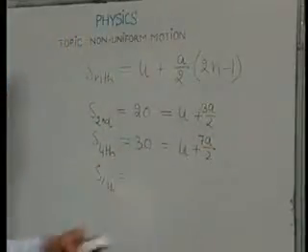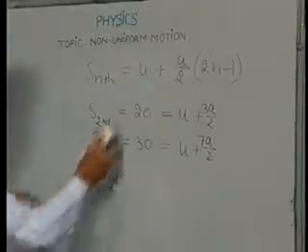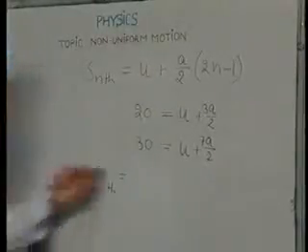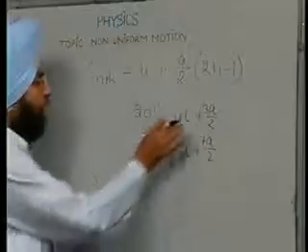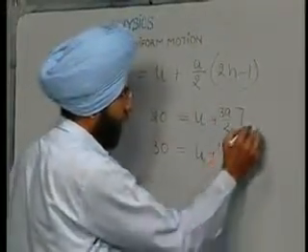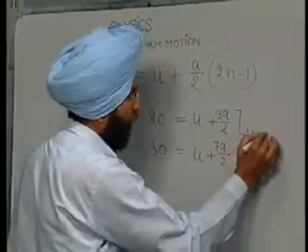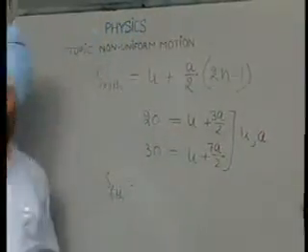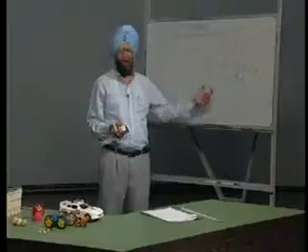So, from this we have two equations and two variables, u and a, so we can find the values of u and a.